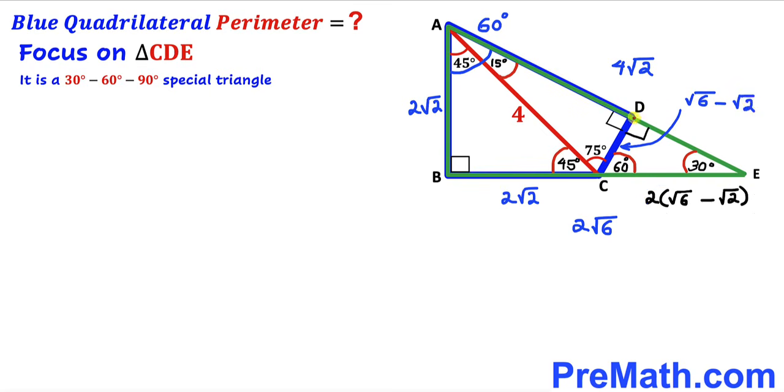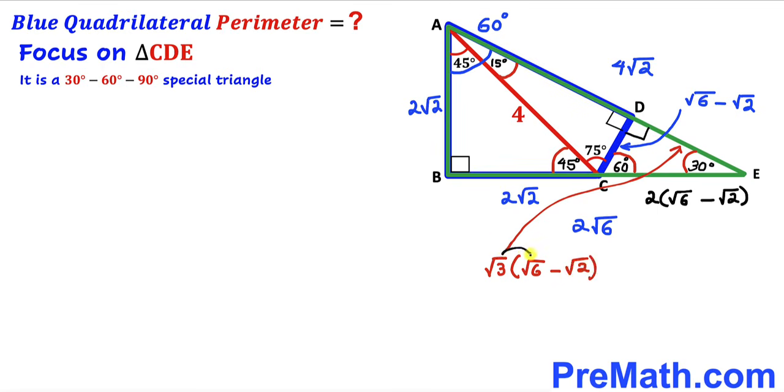And furthermore, this third leg DE has got to be this smallest leg times the square root of 3. So therefore this third leg, I can write it over here, that is going to be the square root of 3 times the square root of 6 minus the square root of 2.